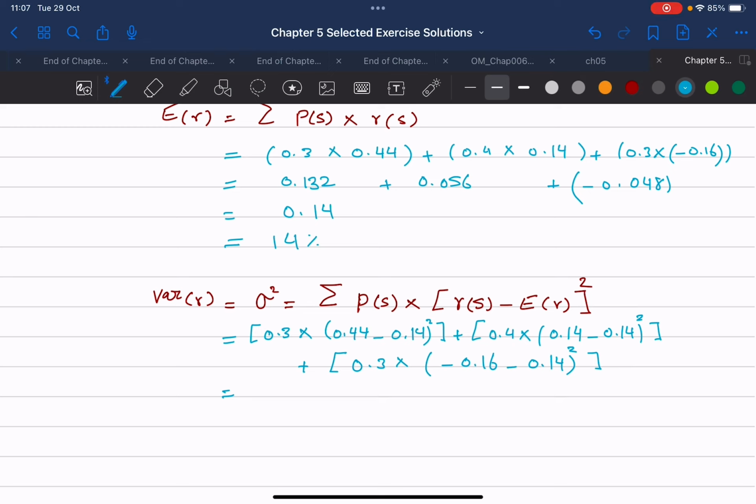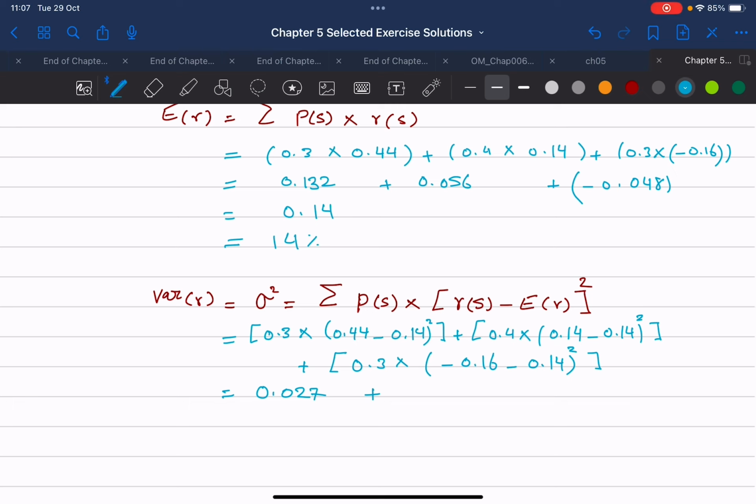First part: 0.44 after opening a bracket in my calculator minus 0.14. I'll close the bracket and square the whole bracket. I'm going to get 0.09, multiply that by 0.3, and that's going to be 0.027.